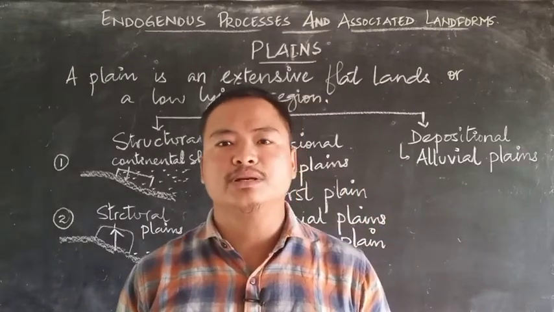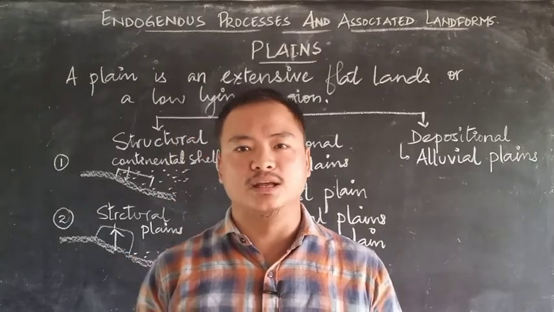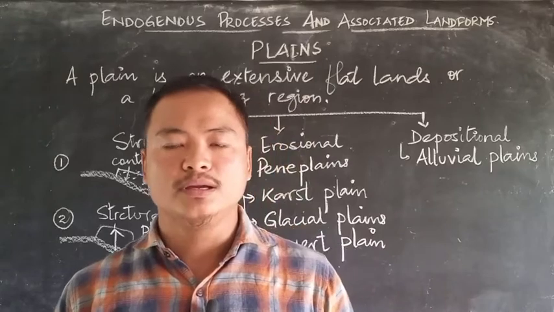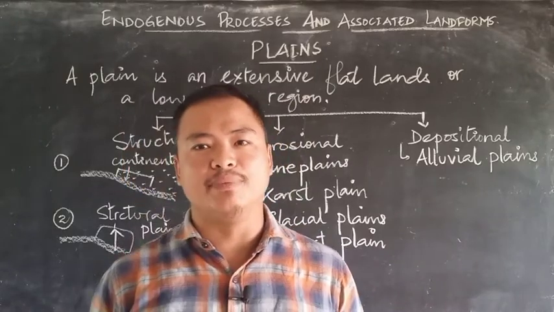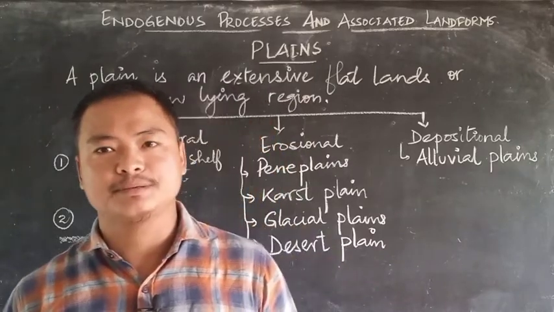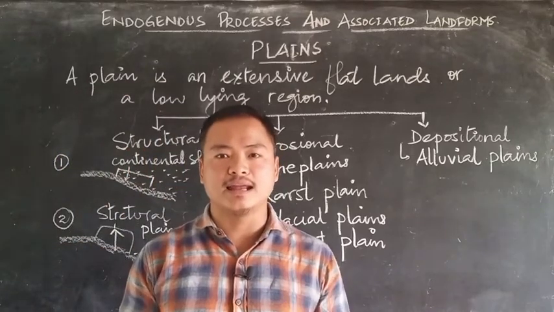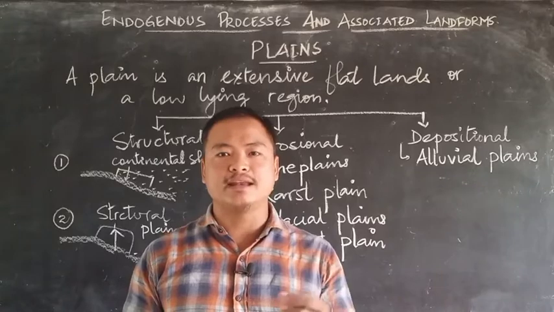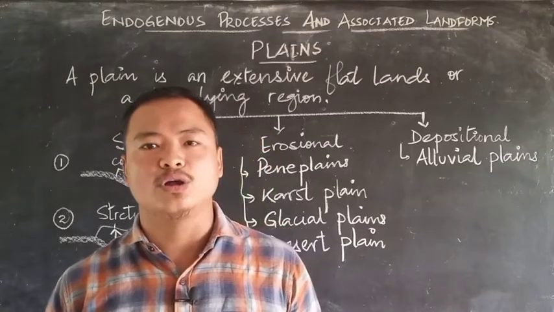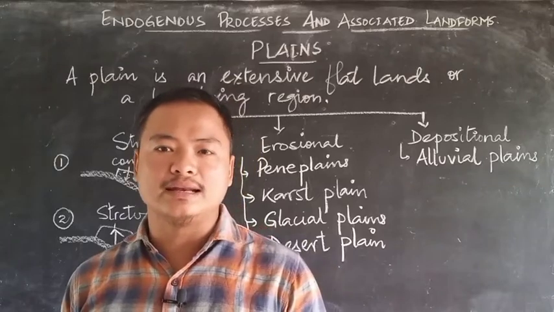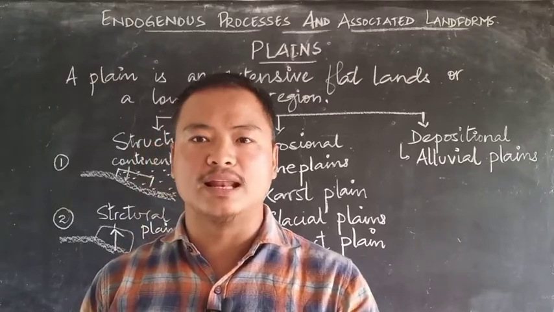The first one to be discussed as depositional plain is the alluvial plain. Alluvial plain is formed due to the depositions made by the rivers. The rivers that carry sediments are very fertile in nature. They are very fine materials which we call alluvium. And these rivers, while flowing through the higher altitudinal regions, erode the landforms.